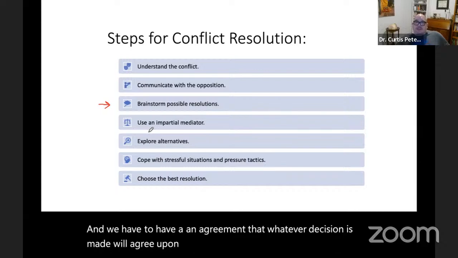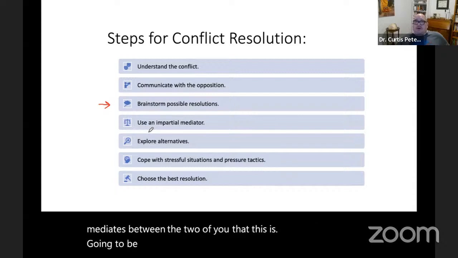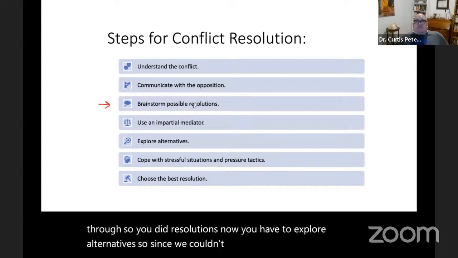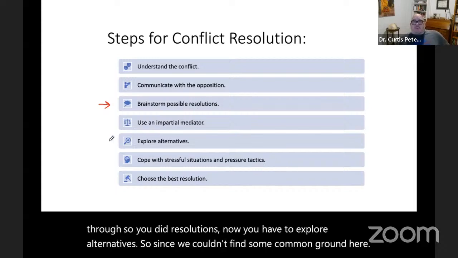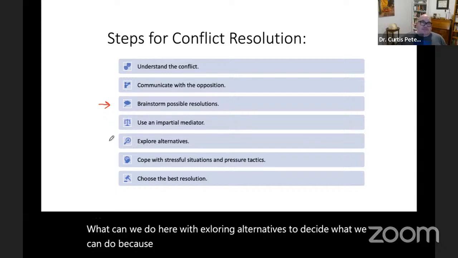Any decision that I come up with that mediates between the two of you, that this is going to be the resolution of the conflict. Okay. And then you go through, so you did resolutions, now you have to explore alternatives. So since we couldn't find some common ground here, what can we do here with exploring alternatives to decide what we can do? Because we couldn't find a resolution, so we got to find an alternative, okay?